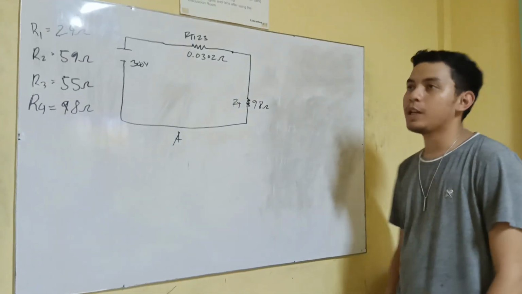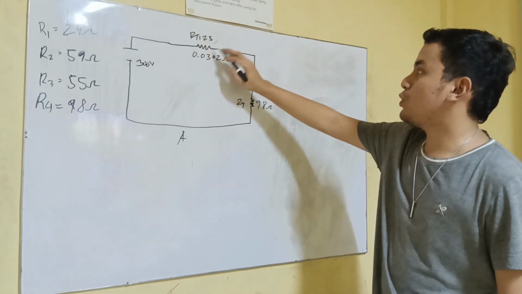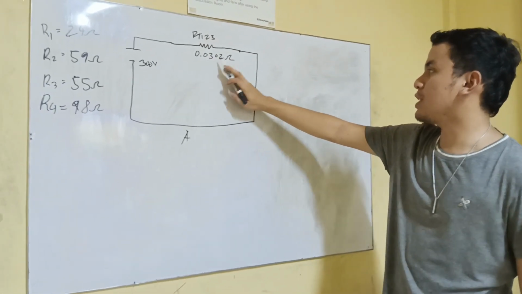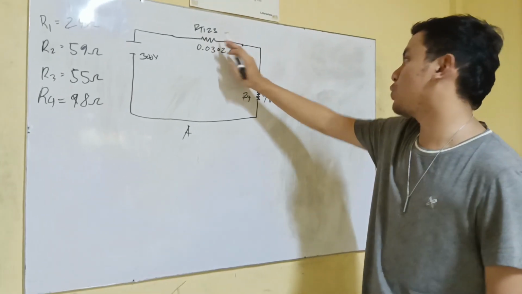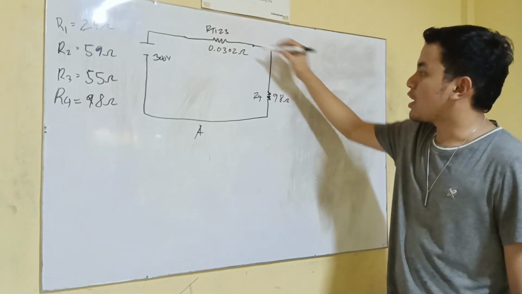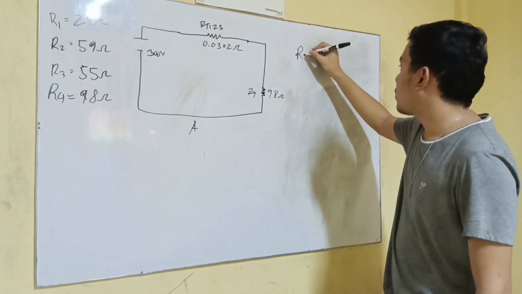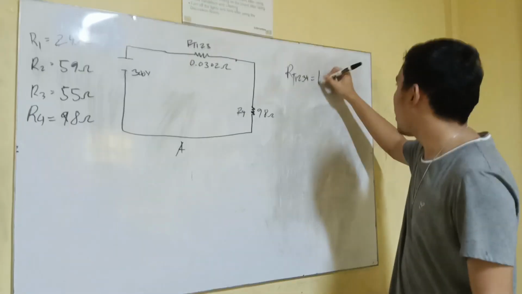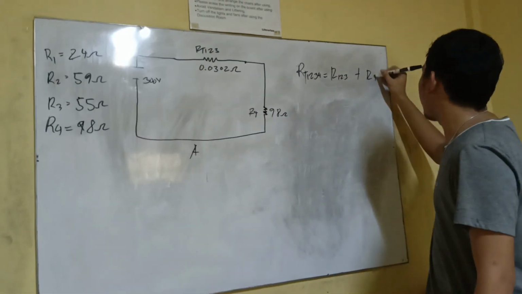There you go. Our R total 1, 2, 3 is 0.0302, and we're going to solve R4 and R123. R4 is 98, so this is a series problem. R total 1, 2, 3, 4 equals R123 plus R4.